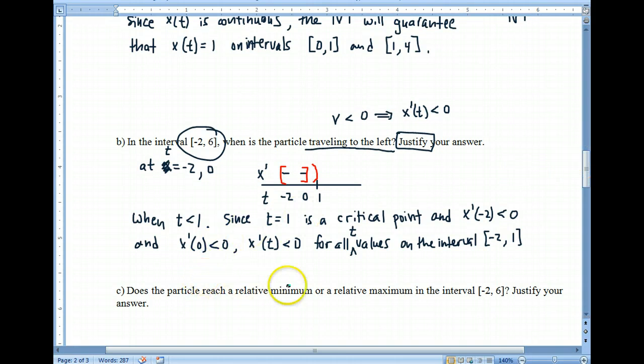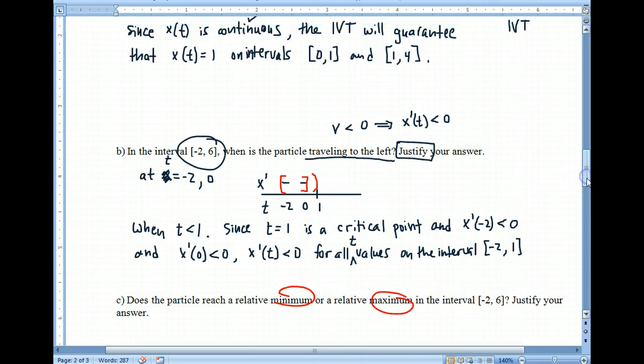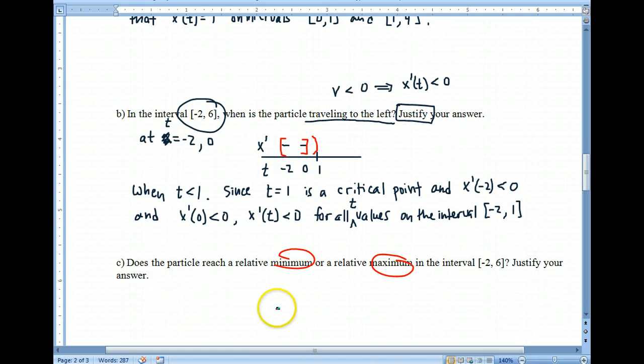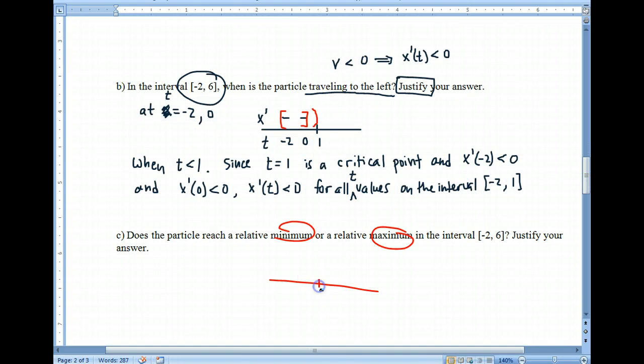Does the particle reach a relative minimum or a maximum? We do that chart. Okay, so first, what do you think? Yes or no? Yeah, the sign chart. Right, we already started the sign chart a little bit. What's going to be my critical value? 1.